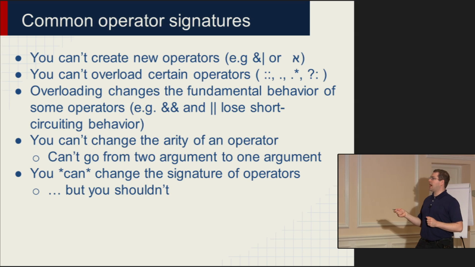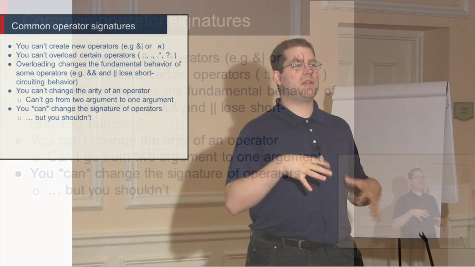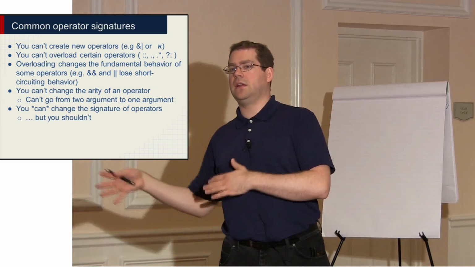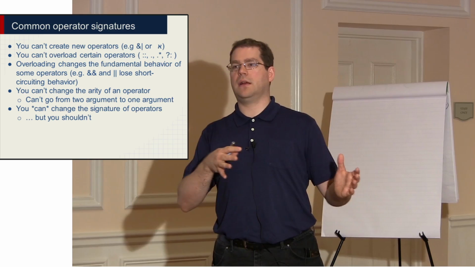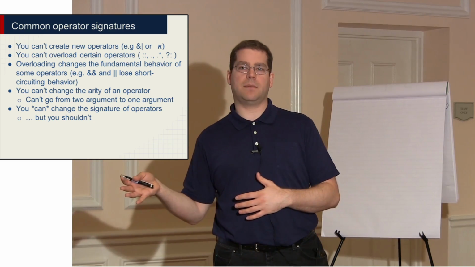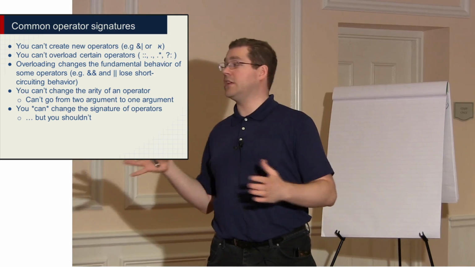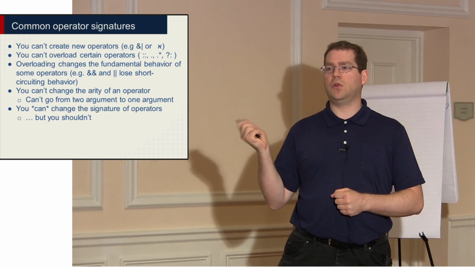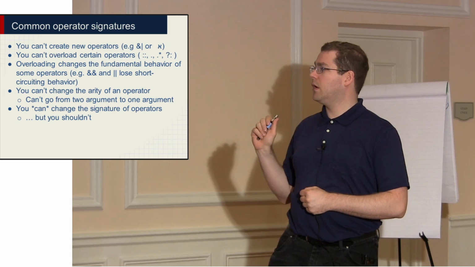And for certain operators, the overloading changes the fundamental behavior. For example, if you try and overload the logical and and the logical or, on the primitive types these have short-circuiting behavior, so it doesn't necessarily evaluate every term in the long expression. But if these get overloaded, they may lose the short-circuiting behavior.